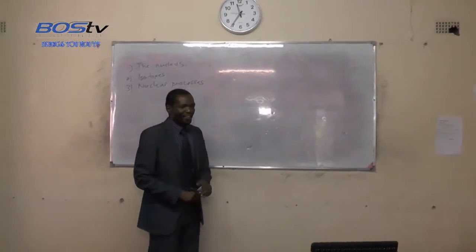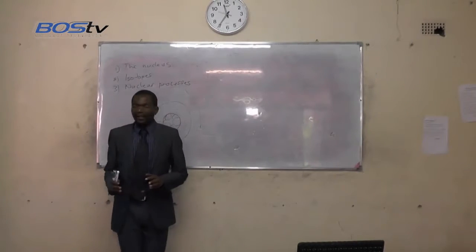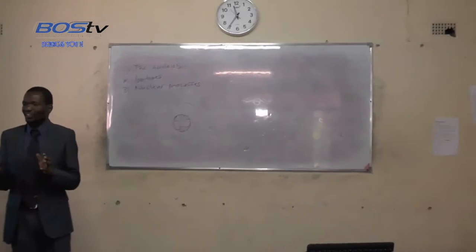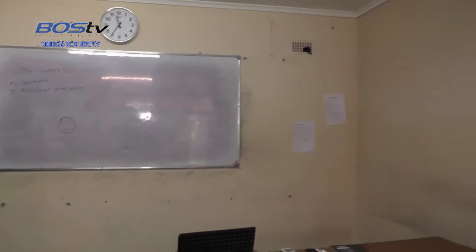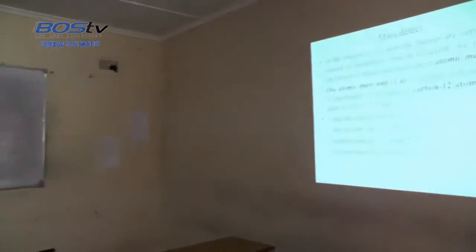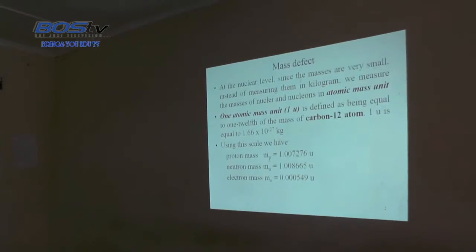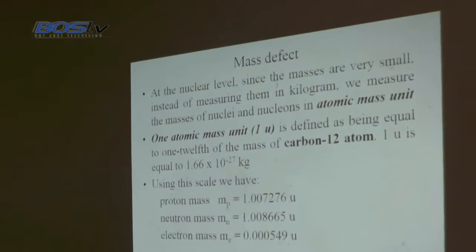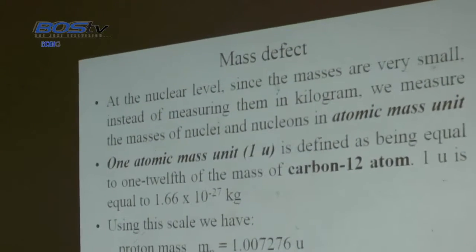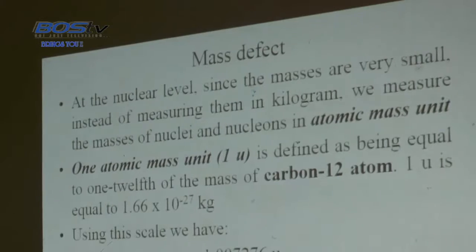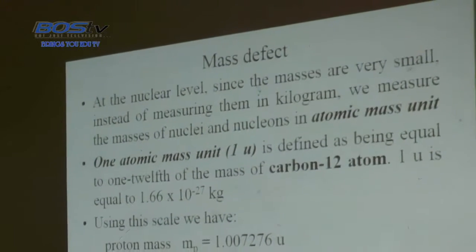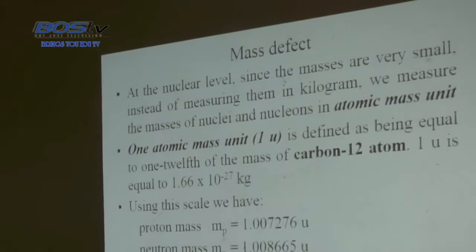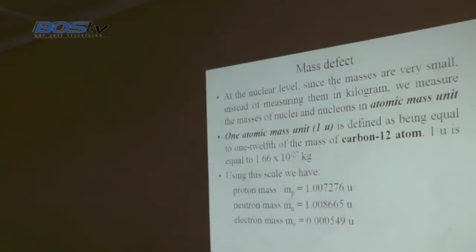So by definition, mass defect is the change in mass, it could be the change as we are moving from reactants to products. And here, mind you, we are focusing on nuclear processes, so we are focusing on the nucleus. As the nucleus reacts, we have a change in mass from reactants to products.